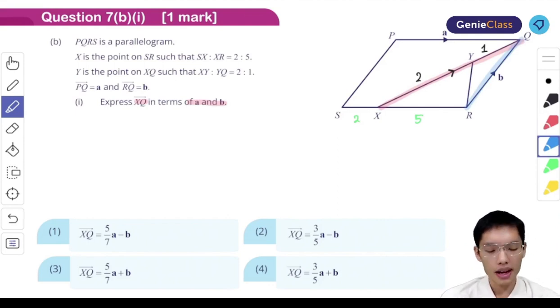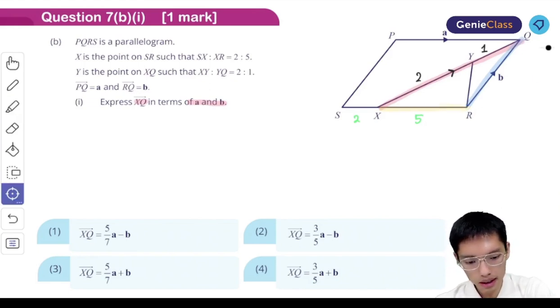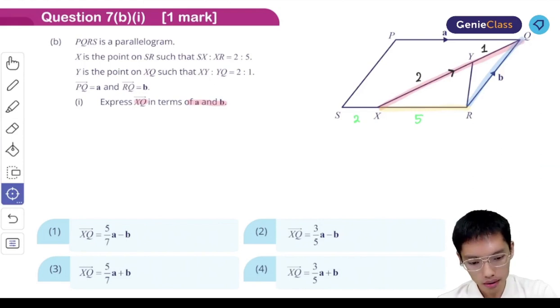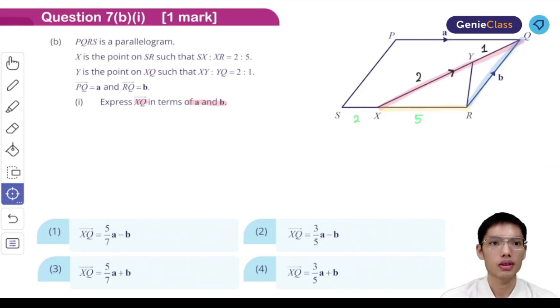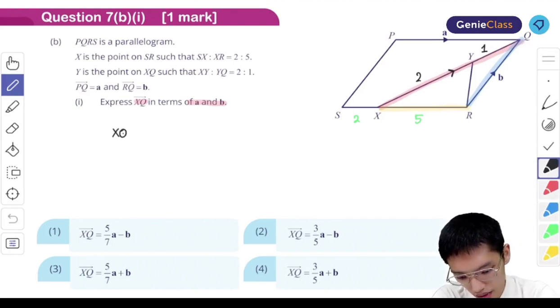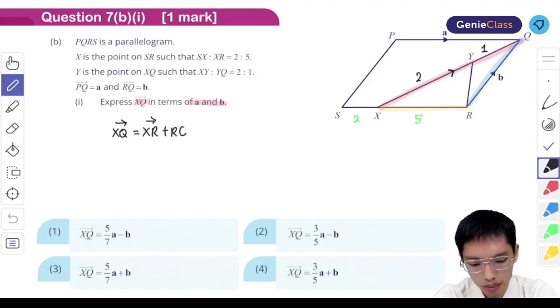How do I start from there? XR, I hope you all realize, is a proportion of my vector SR, which is parallel to PQ. So to break it down, we know XQ is XR plus RQ. That's what we know based on the diagram.